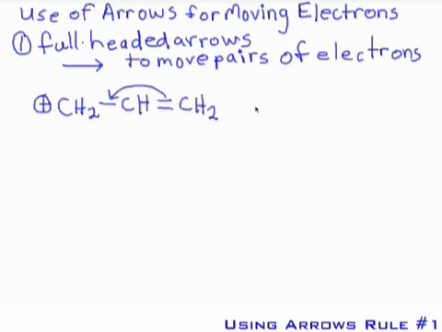If I do that, that'll put a double bond here, and the double bond will be lost over here. I'm shifting the double bond, and I'll get CH2 double bond CH. Then I lost the double bond on the other side, and the plus ends up over on that side. And you can check where the plus is by doing formal charge. What I moved was the 2 electrons in the pi bond, and I use a full-headed arrow.